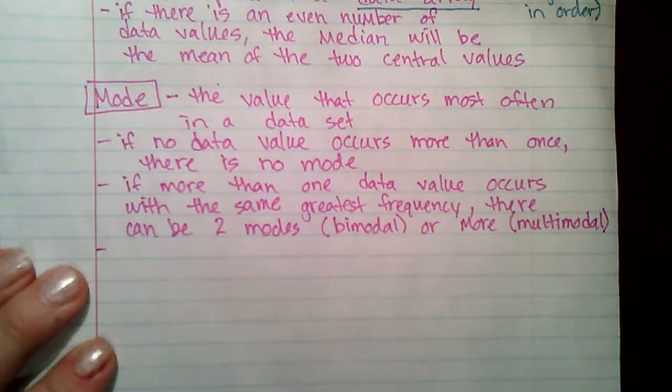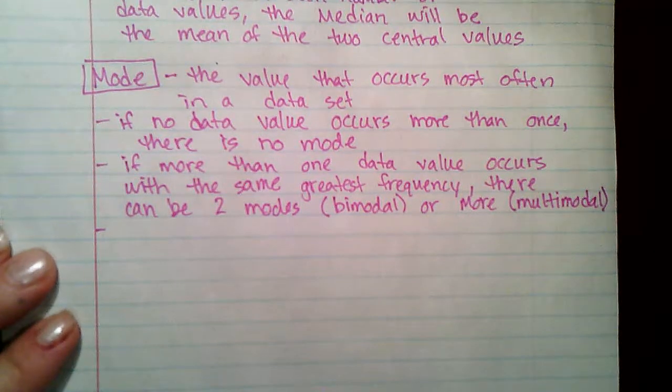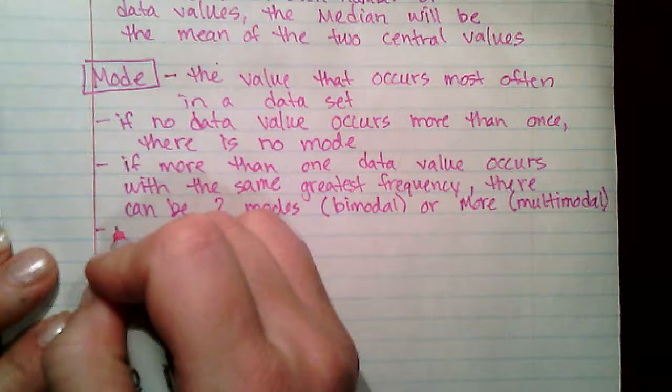The mode is the only measure of central tendency that can be used with categorical data, or data that's at the nominal level.